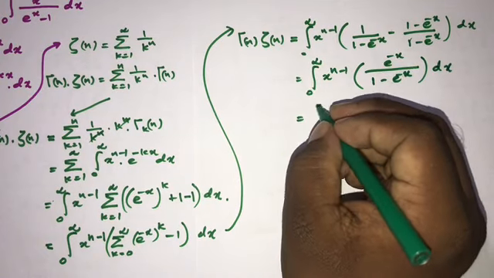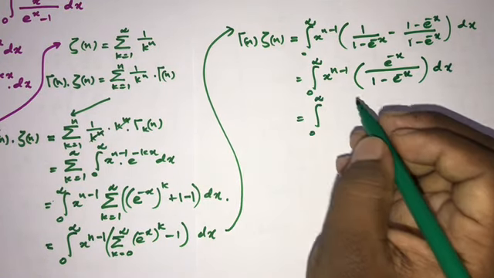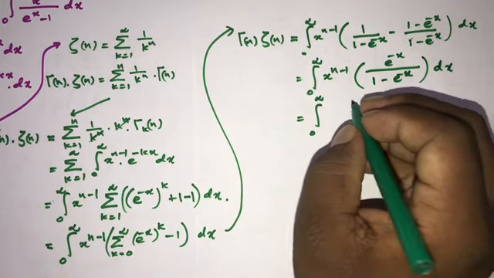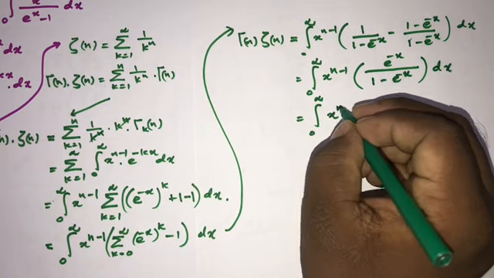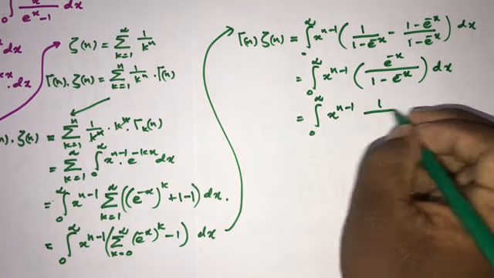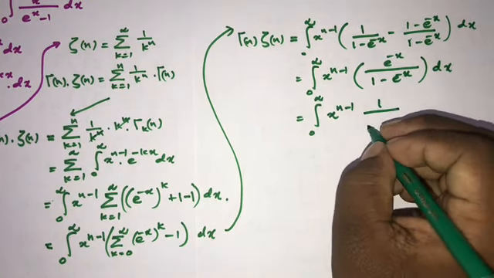And again we can simplify to the integral from 0 to infinity of x to the n minus 1 times 1 over (e to the x minus 1) dx.